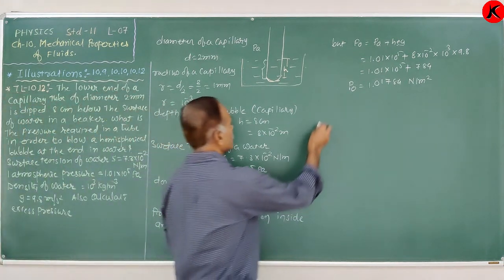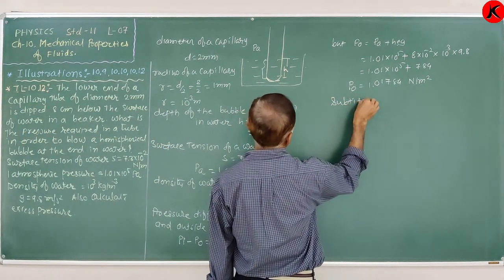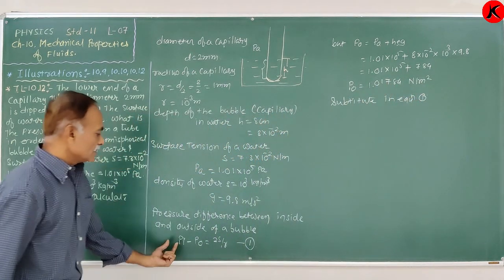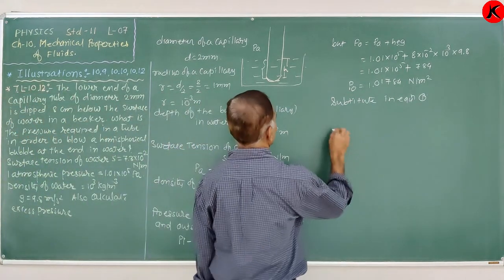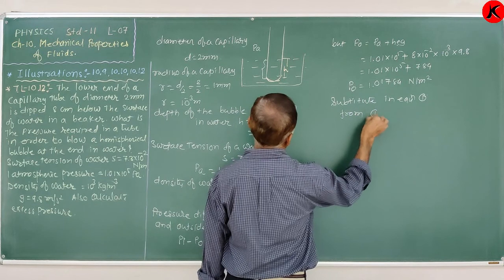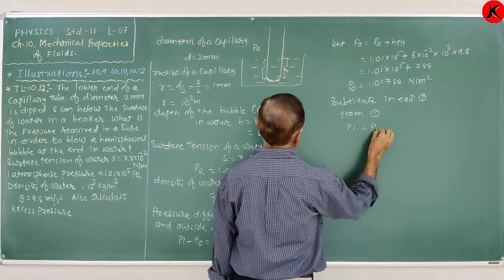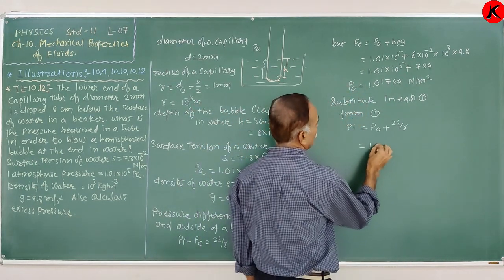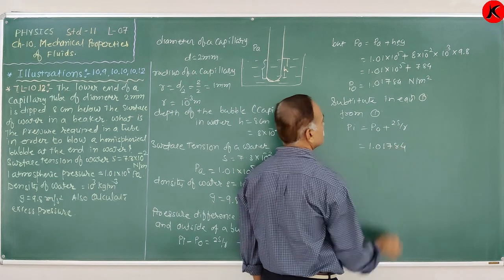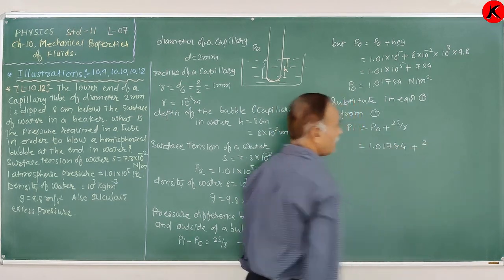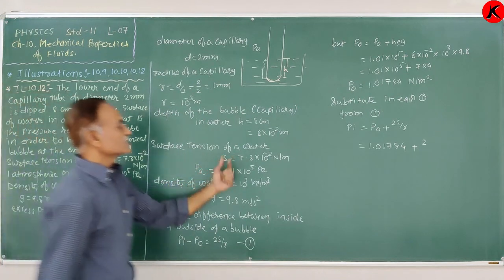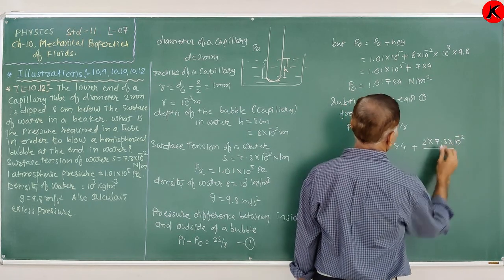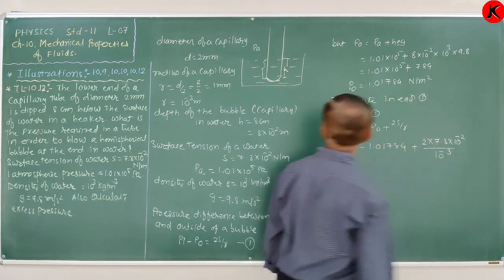Substitute this value in equation 1. Therefore, from equation 1, Pi is equal to Po plus 2S upon R. Po we just found out, 1.01784 plus 2 times surface tension already given 7.3 into 10 to the power minus 2, upon radius 10 to the power minus 3.